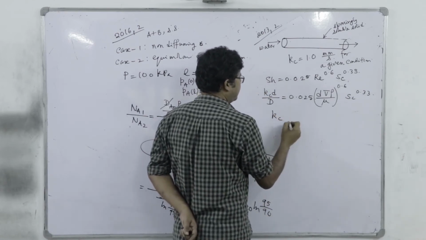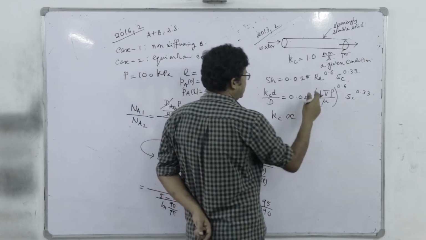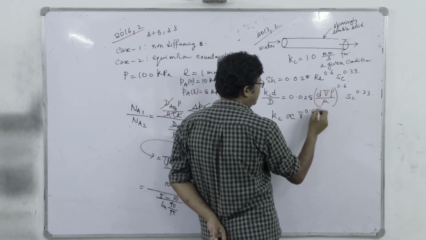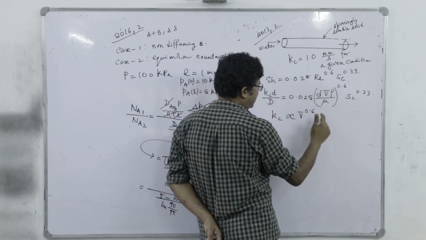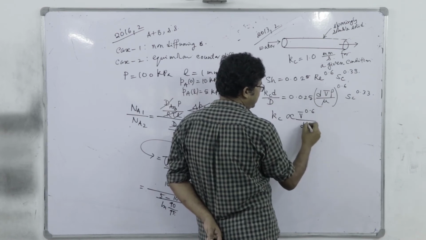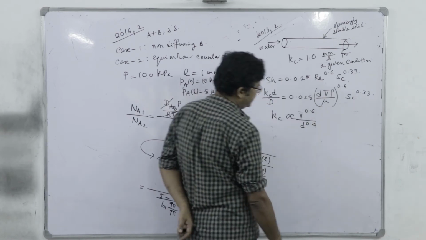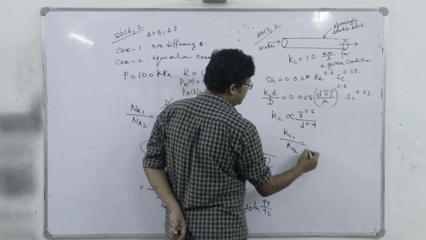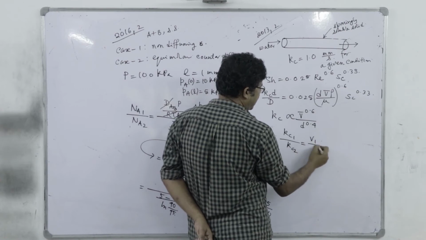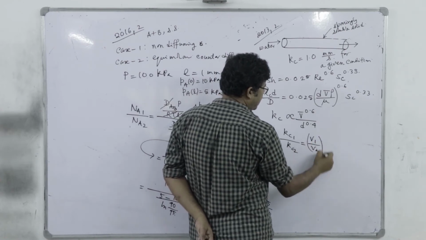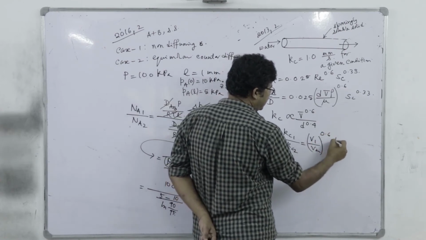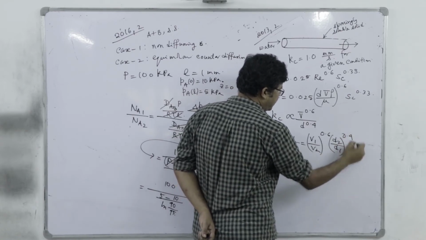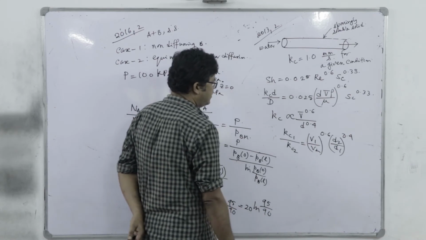So, Kc is proportional to v to the power 0.6 and d to the power 0.6 in the numerator, and the denominator will be d. So, d to the power 0.4, right. So, Kc1 by Kc2 is equal to V1 by V2 whole to the power 0.6 into D2 by D1 whole to the power 0.4, right.